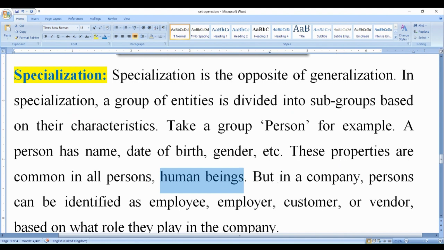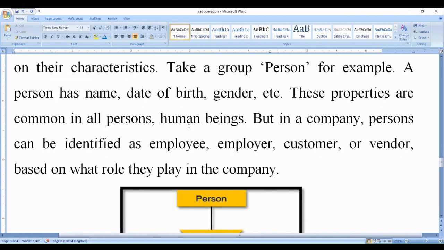But in a company, a person can be identified as employee, employer, customer, vendor, correct? So we can divide a person into different entities. These are the different entities: person is employee, person is employer, person is customer, person is vendor. So on the basis of that, we can have the specialized entity. Clear? So this is what specialization is.